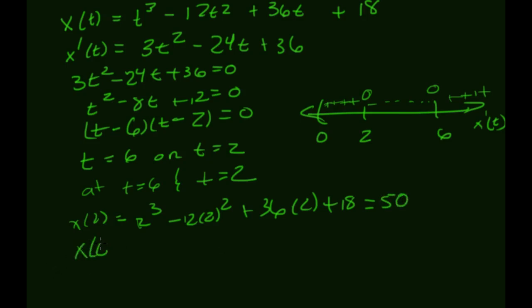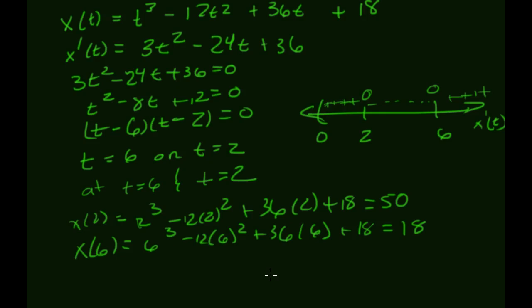And then for 6, it's 6 cubed minus 12 times 6 squared plus 36 times 6 plus 18, which happens to work out to 18. So at time 0, my particle is hanging out at 18.